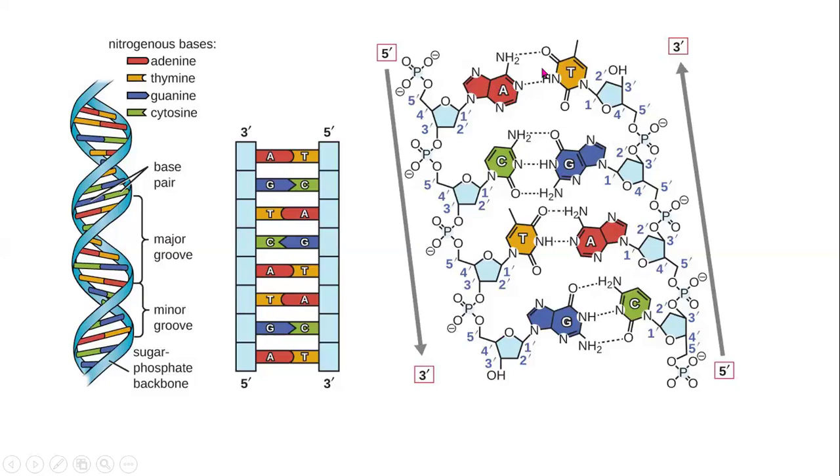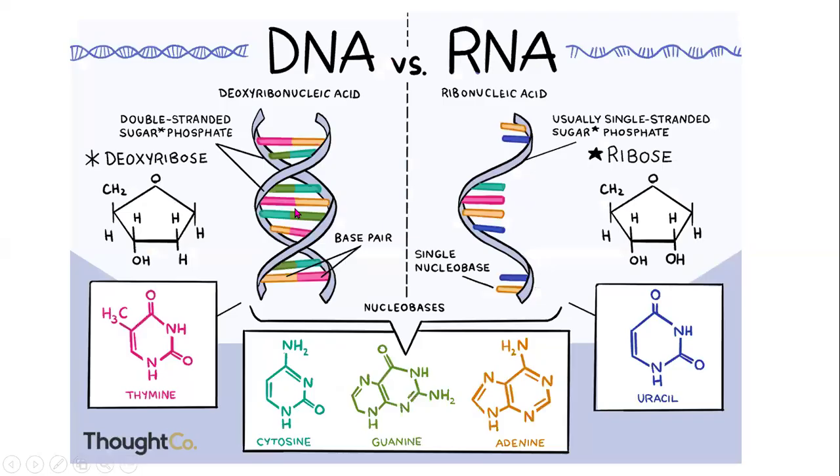So adenine bonds with thymine with 2 hydrogen bonds, you can see 1, 2, while guanine and cytosine bond with 3 hydrogen bonds, 1, 2, 3, you can see. So that is how they are pairing. This is a single strand from 5' to 3', while the other single strand, making it double stranded, runs from 5' to 3' in the opposite direction. So DNA is a double stranded molecule.